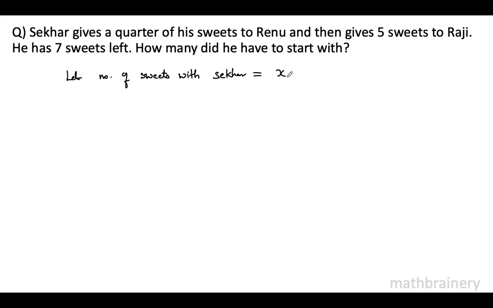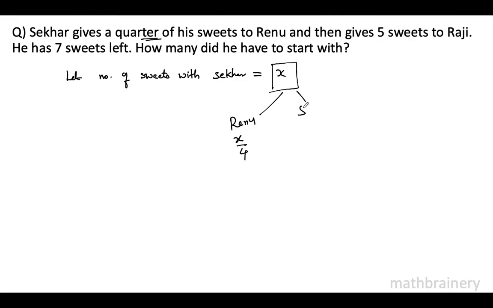Initially, let us say Shekhar had X sweets with him. Out of this X, he gave a quarter to Renu. What do I mean by quarter of the sweets? Quarter means 1/4. So 1/4 of sweets he gave to Renu. What is 1/4 of X? It is X by 4.